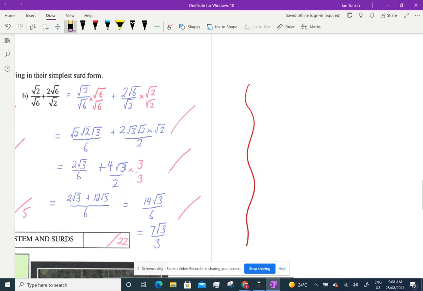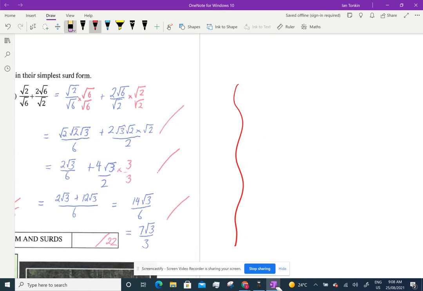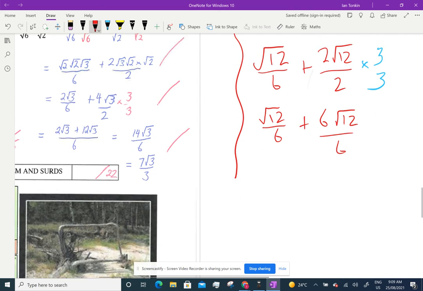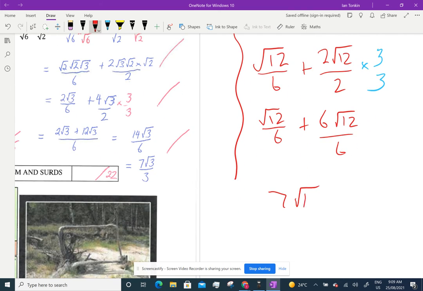So if you got root 12 on 6 plus 2 root 12 on 2, and then you made a common denominator, or root 12 on 6 plus, multiply this by 3 top and bottom, and you'll get 6 root 12 on 6, which gives you 7 root 12 on 6.